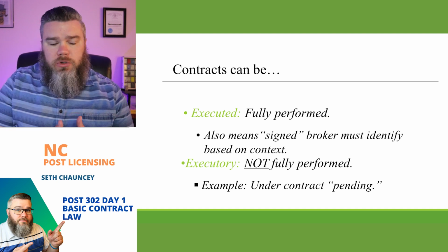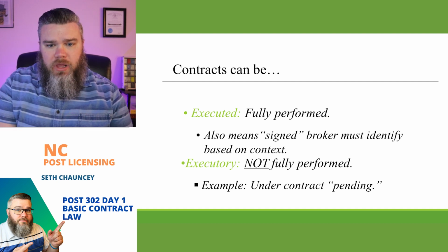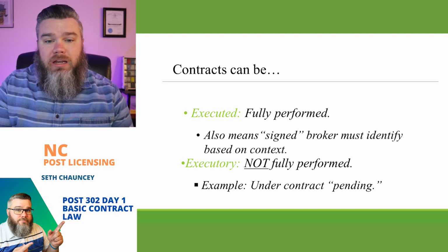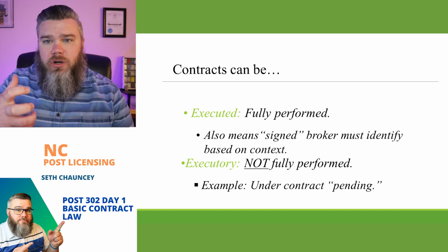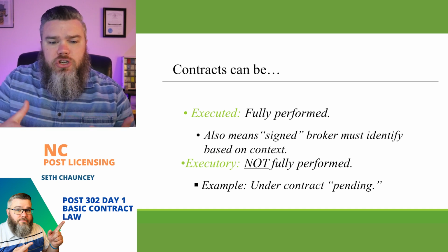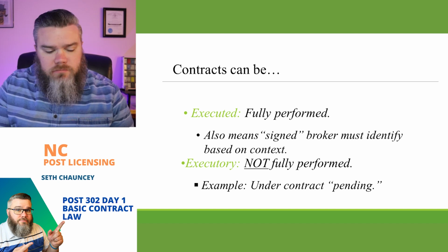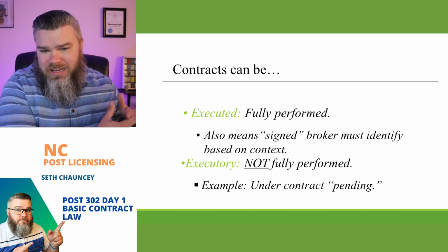So let me give you the real world example here. If I'm a buyer's agent and I send an offer over to a listing agent, and that seller accepts my offer, very often the listing agent will send me back an email that says, here is a copy of the fully executed contract. Well, folks, if we just got under contract, have we already closed the deal? No. So what that agent is trying to say is that it has been signed.